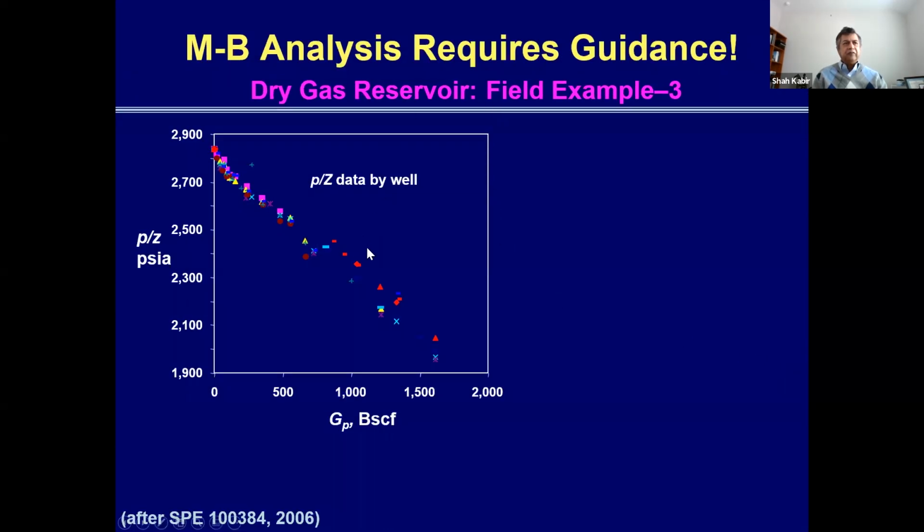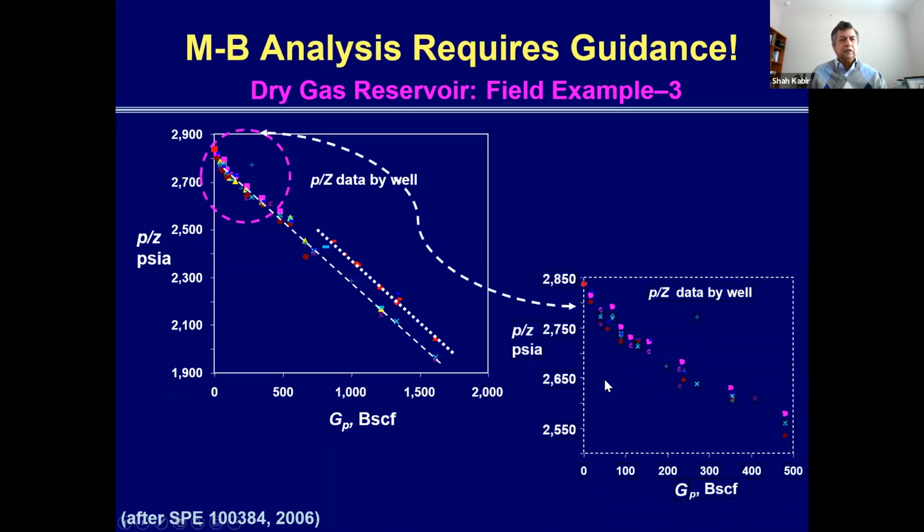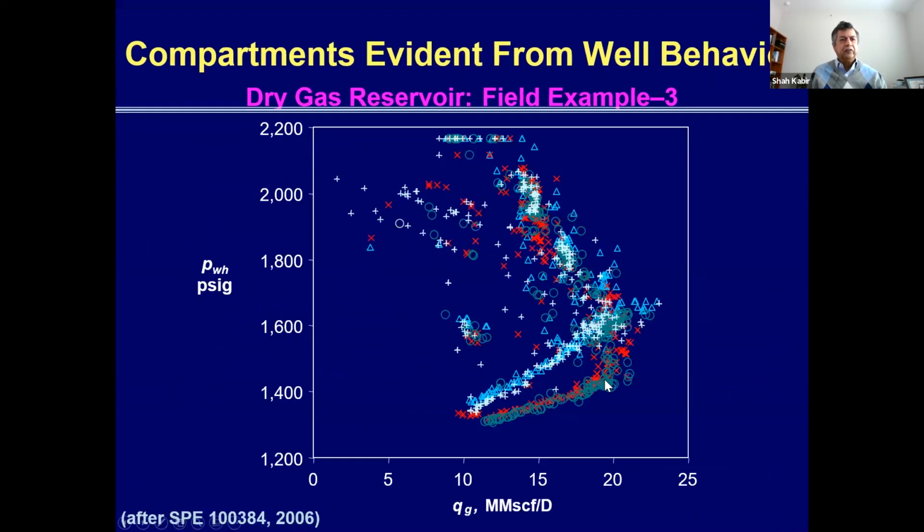Here's another example from dry gas reservoirs from the Far East, I think. As you can see, we can do the P over Z plot to do this. And so they appear to be in separate compartments. Okay, for the interest of time, I'll get to that.